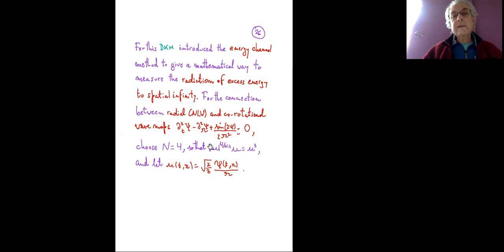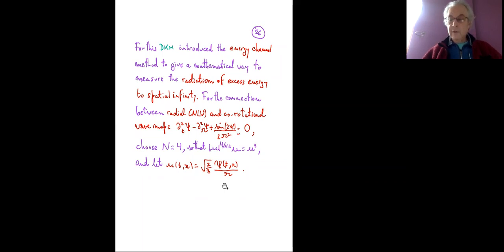In this case, the nonlinearity becomes merely u cubed. In dimension 3, let me just say for further clarification, it is u to the 5. So suppose we take a solution to the corotational wave map equation, and we consider u(t,r) to be square root of 2/3, that's 2/3, times ψ(t,r) over r.